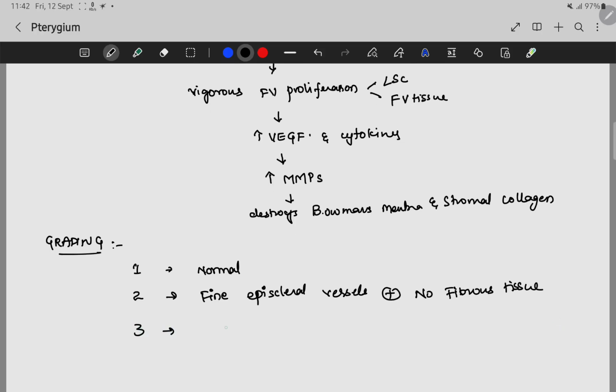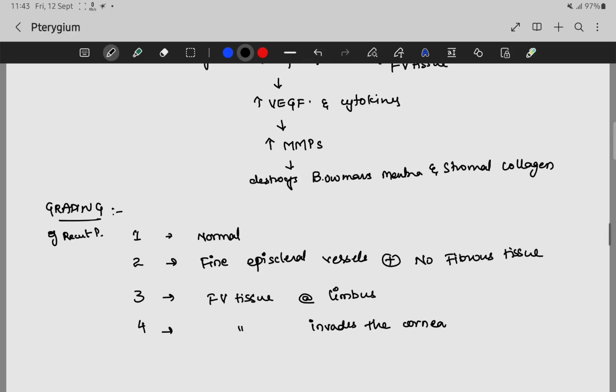Grade 3 is fibrovascular tissue reaching the limbus, and grade 4 is fibrovascular tissue invading the cornea. So this is the grading of recurrent pterygium. In the next class we'll discuss the management, surgical management.